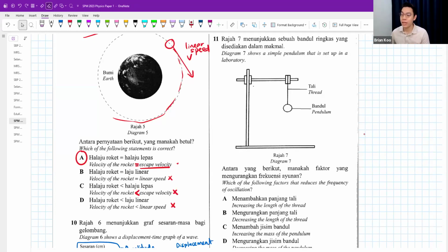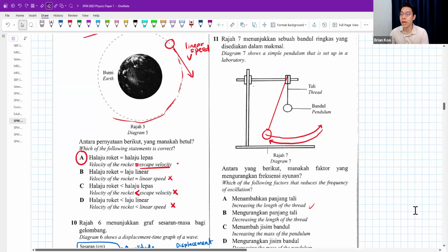If you increase the length, I think it will take a longer time to swing over and come back. In 1 second, there will be fewer complete oscillations. If it takes a longer time, the frequency will be less.